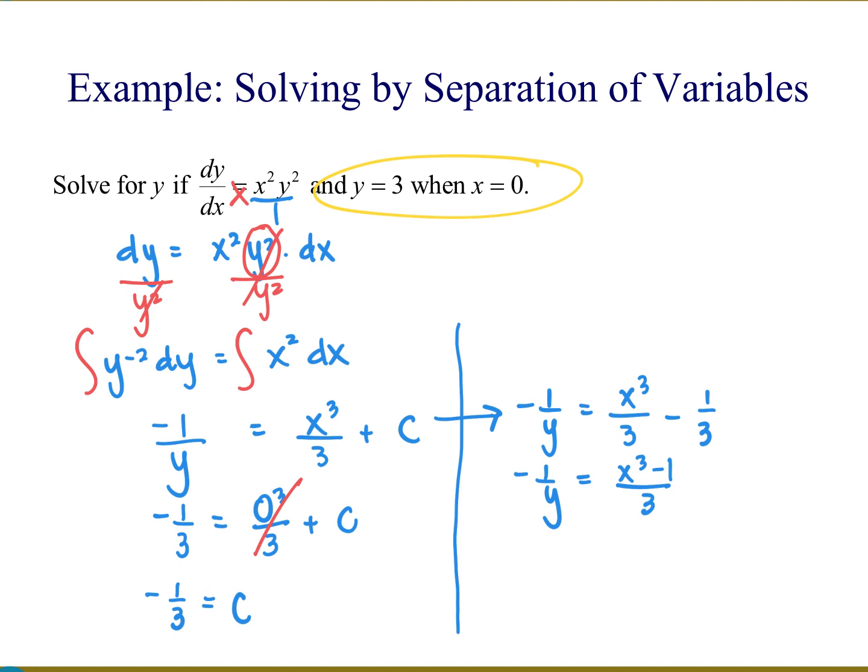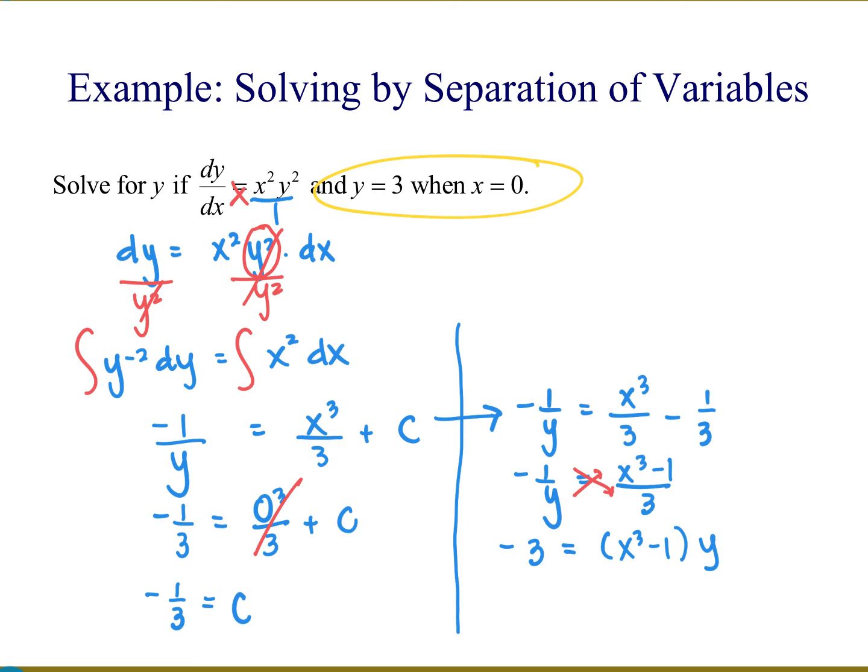Now we're going to cross multiply. When you have y in the denominator, you can't just flip everything. There's no legal flipping. You want to multiply by cross multiplication. So that gives me -3 equals x cubed minus 1 times y.